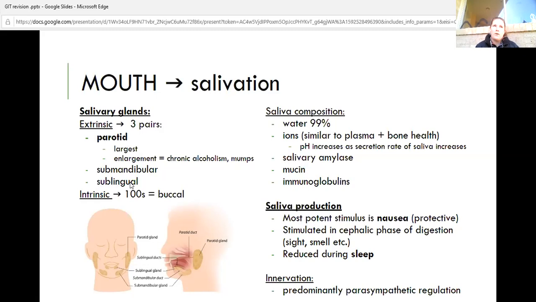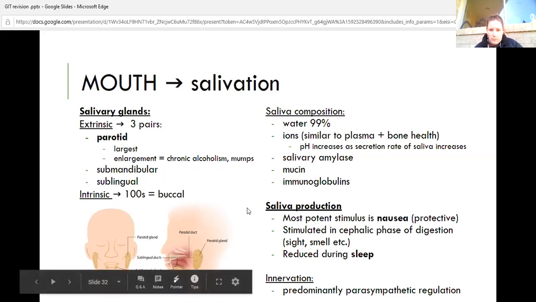Another thing that they test you on, more later in head and neck anatomy, is where the ducts enter the mouth, but that's not really relevant for this. And then you have hundreds of other small salivary glands.